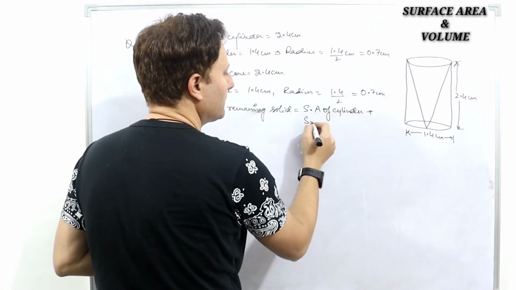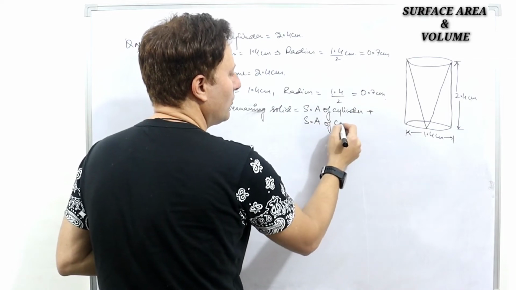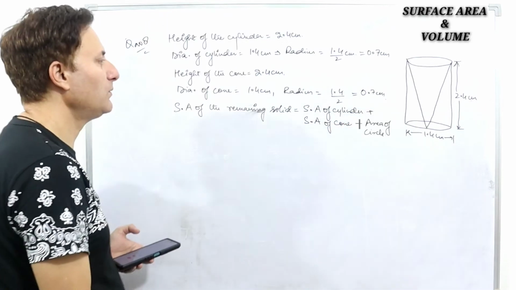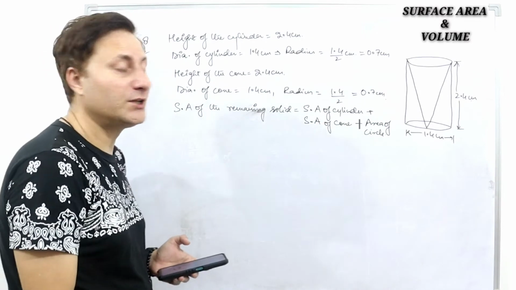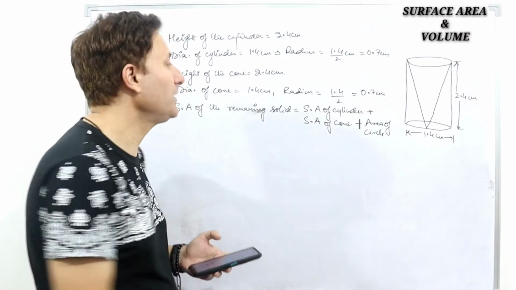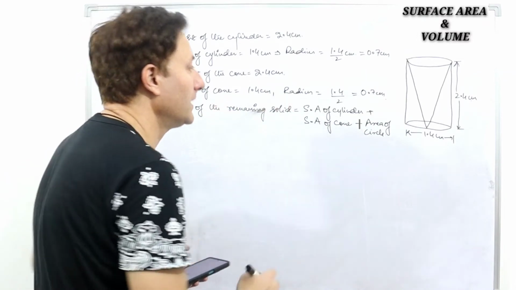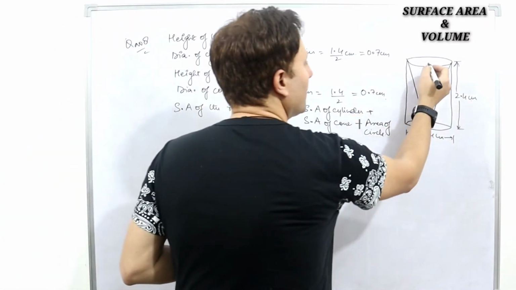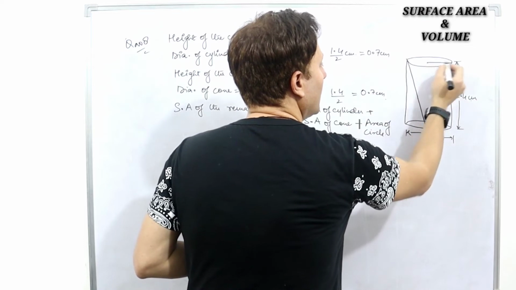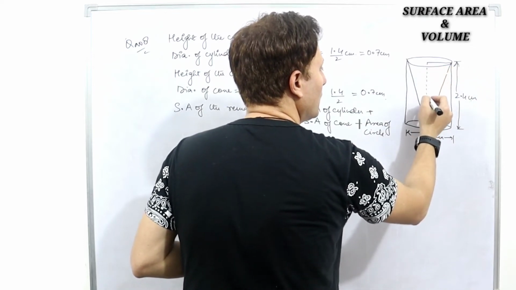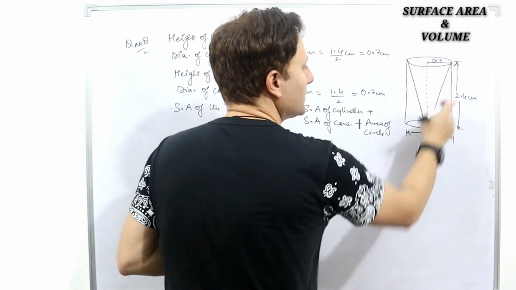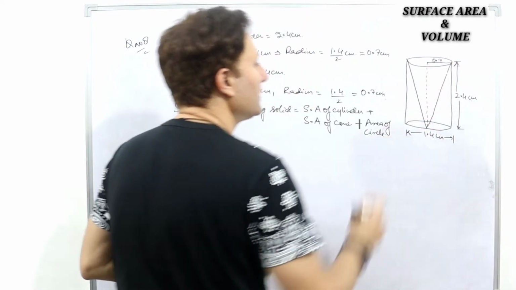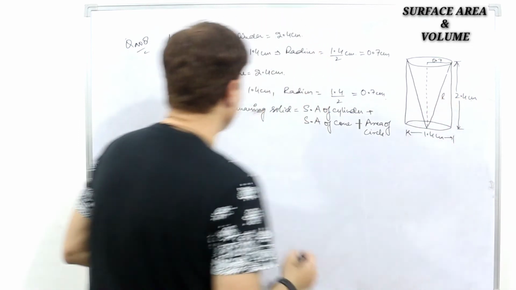We will add the surface area of the cone, and for the surface area of the cone, the formula is pi r L. So we have the height, but we don't have the L. So let us first try and find the L part. So here, this is 0.7, guys. This is 2.4. So let me get this L using Pythagoras theorem.